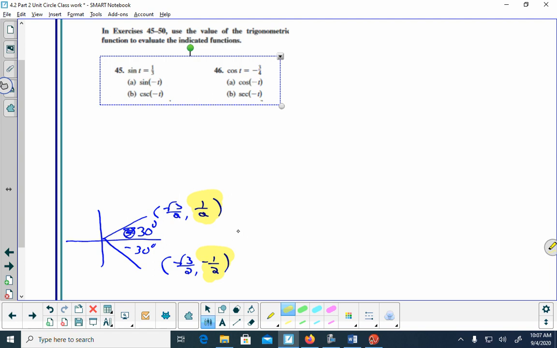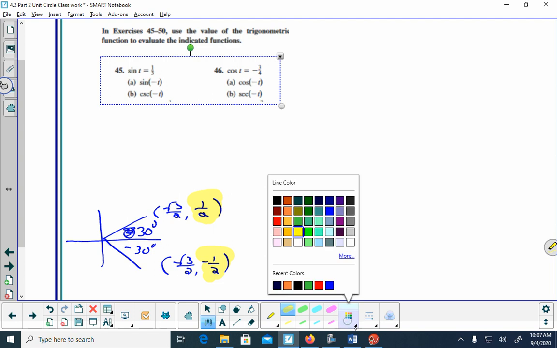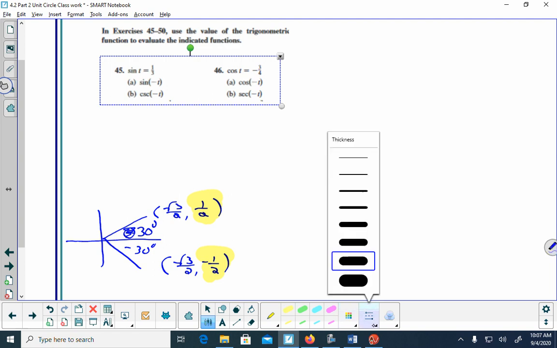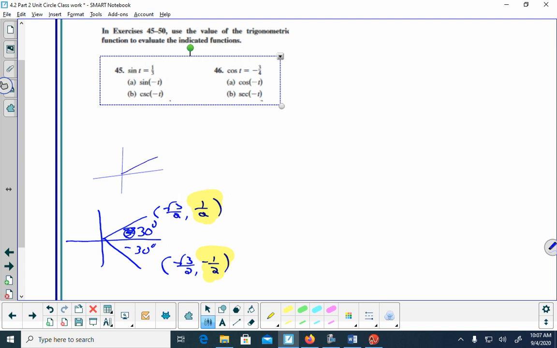So what that means is that if the sine of t is equal to 1/3, so if I do some angle, I don't care what cosine is, the sine is going to be 1/3. Then when I go down here to negative theta, it's going to be the same thing as that, but now my sine is going to be a negative 1/3 because it's going to change signs.